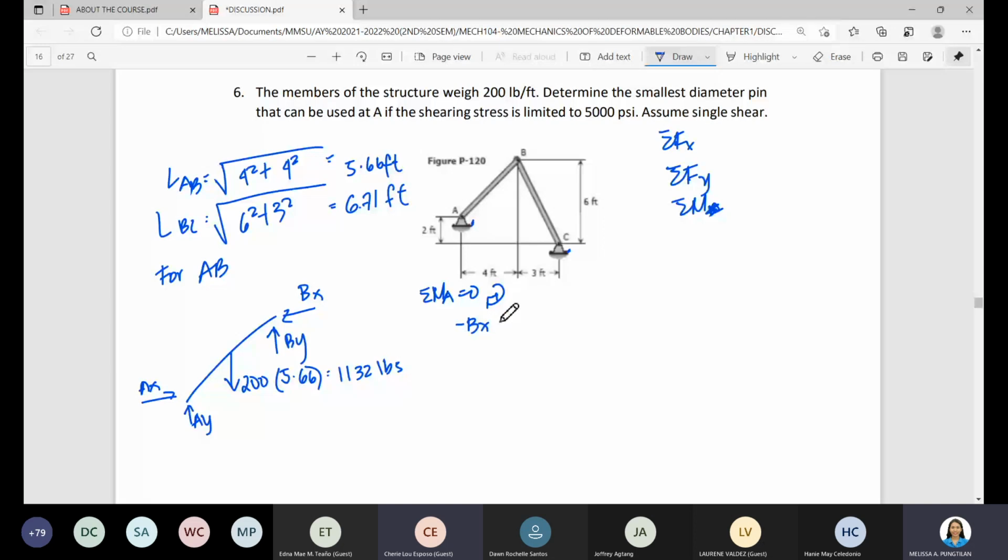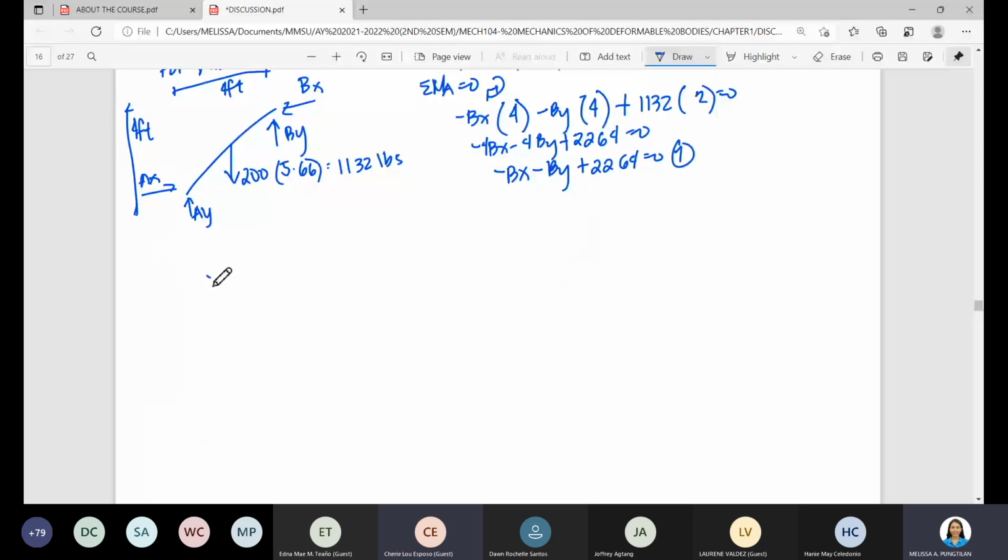So, same procedure, gawin natin to dun sa ating member BC. Kung ano yung in-apply mo ditong load, reciprocal lang pag lilipat na tayo sa member BC. Kung dito to the right, ay to the left, so gawin natin dito to the right. So, we have Bx. Kung dito upward, gawin natin downward. So, we have By.